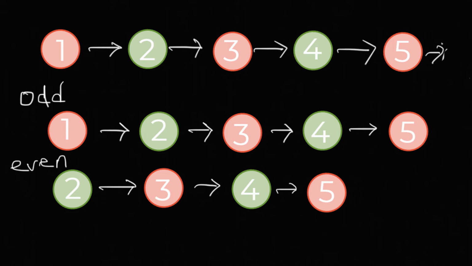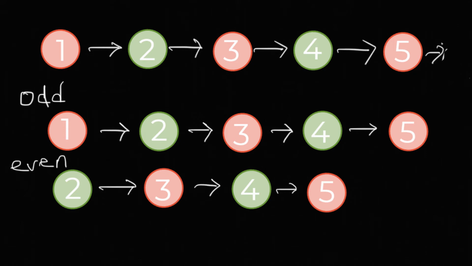And now we're going to iterate through these two lists, odd list and even list, and we're going to do 4 operations. And the order in which we do those operations is really, really important. In the while loop, we're going to do 4 operations.